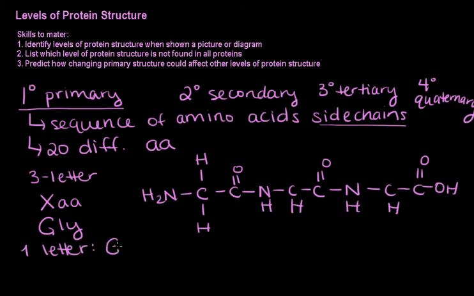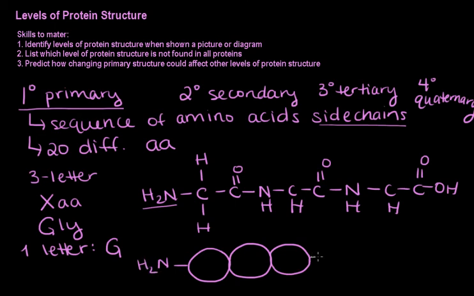You could draw out the side chains like we've shown here, or you could draw them as circles. This one's 3 amino acids long, so we could draw 3 little circles. Over here we've got the amino group hanging off on this side, and the carboxylate group hanging off on the other side, and everything else is the peptide bonds.